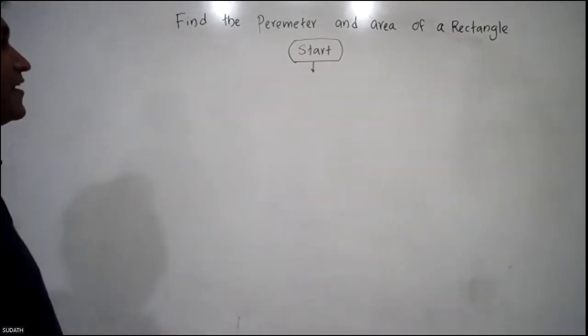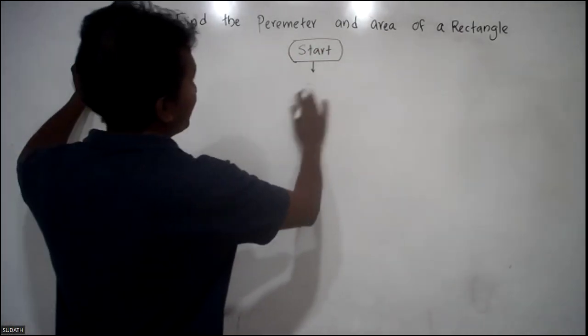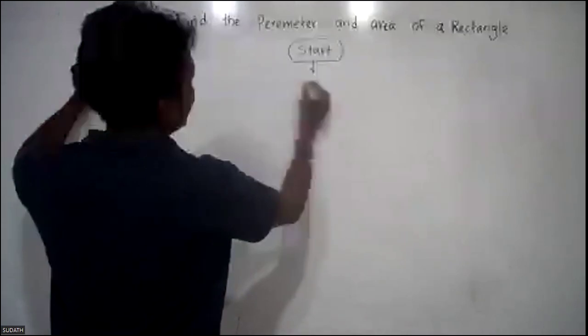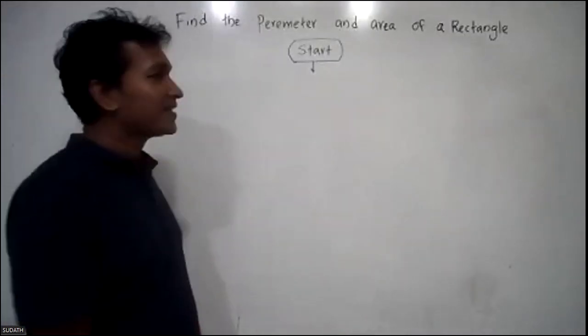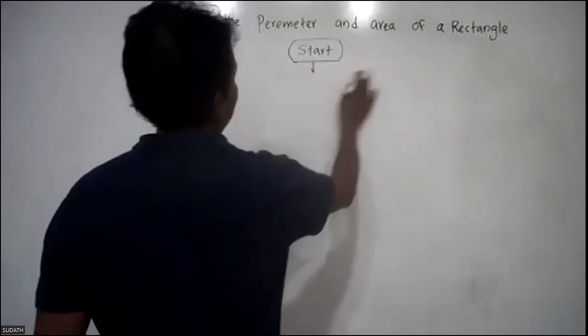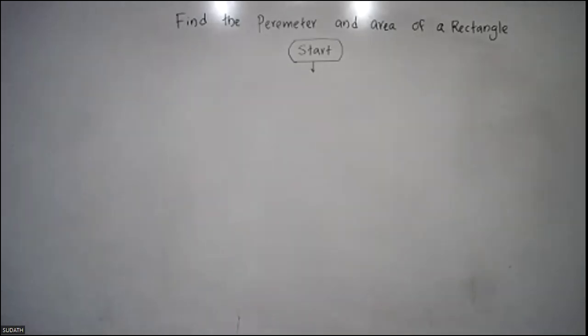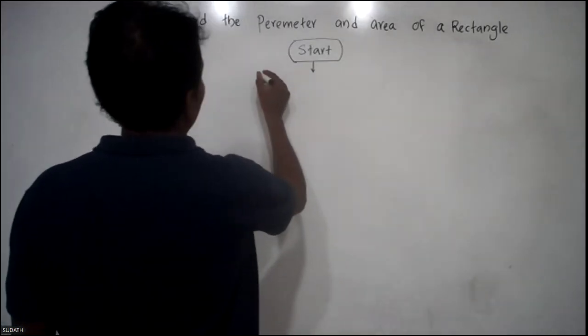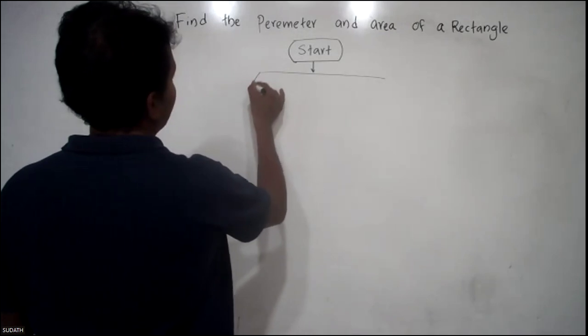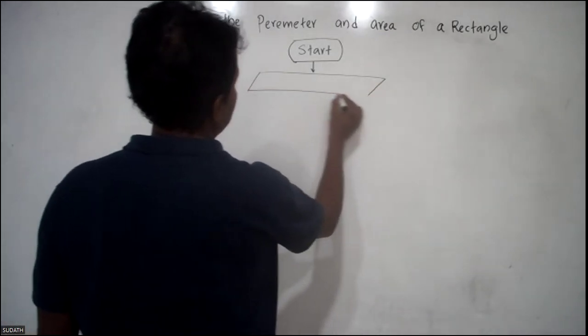First we should get the length and the width of the rectangle. It's an input.